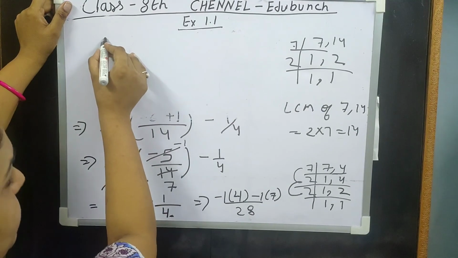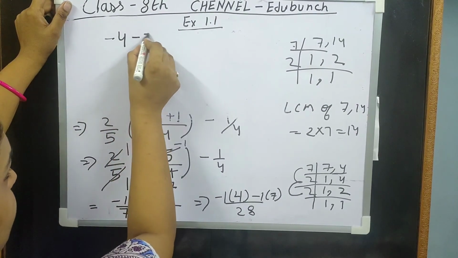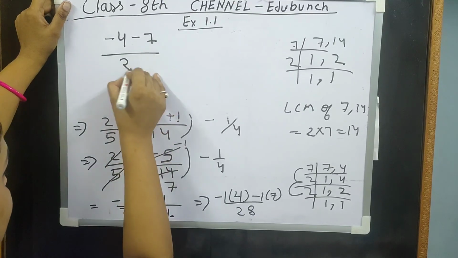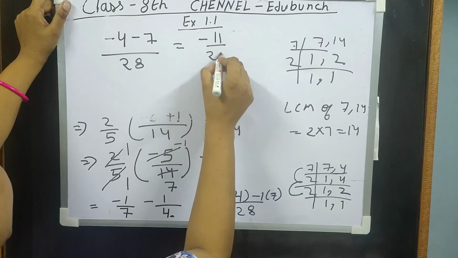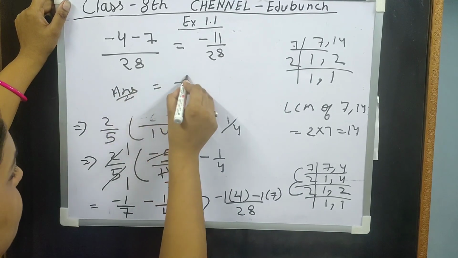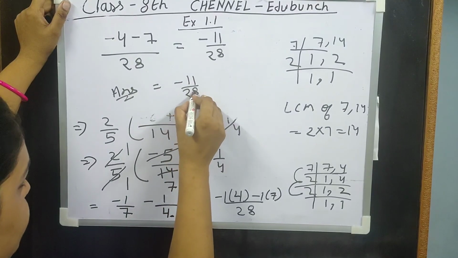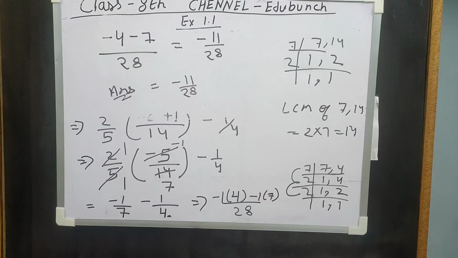Here is minus 4 minus 7 over 28. So we get minus 11 upon 28 as an answer. The answer is equal to minus 11 upon 28. Now write down this answer in the notebook.